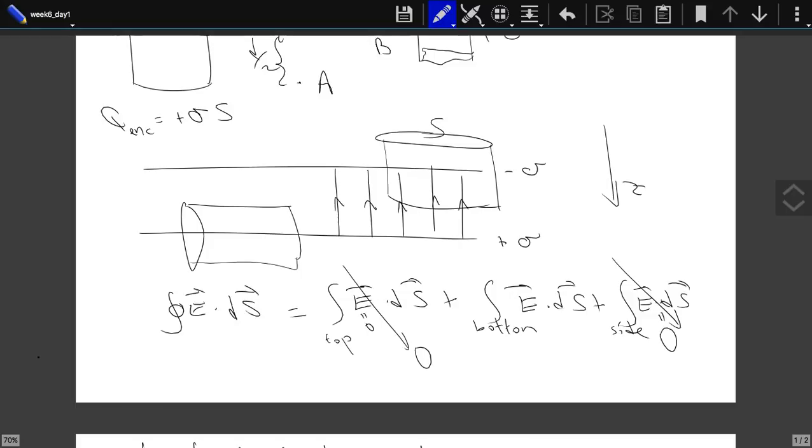Because what determines the electric field is not the material. What determines the electric field is the distribution of the charges. Do you know the distribution of the charges? If you are given that the charges are distributed in such a way, it doesn't make any difference whether the charges are part of a conductor or an insulator. Because as long as the charge distribution is fixed, you know the electric field. Whether they are part of an insulator or part of a conductor, there's no difference.